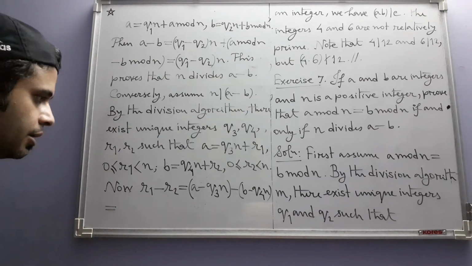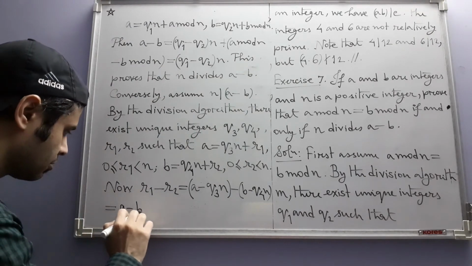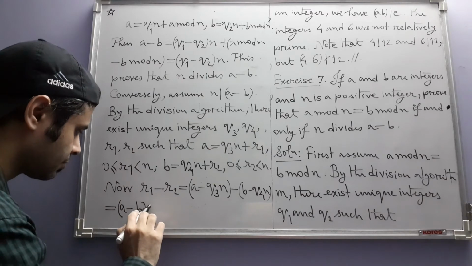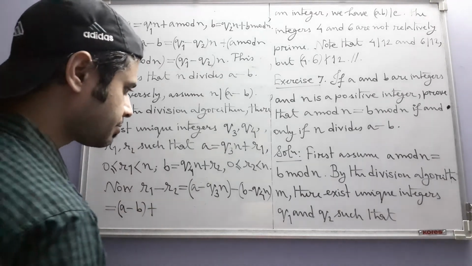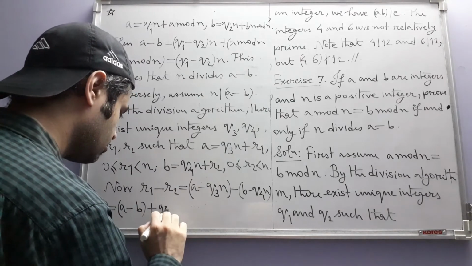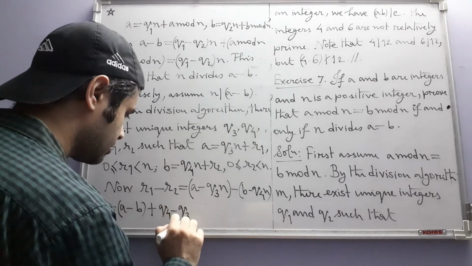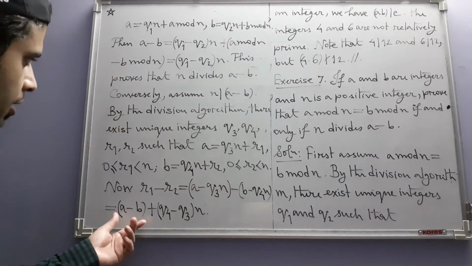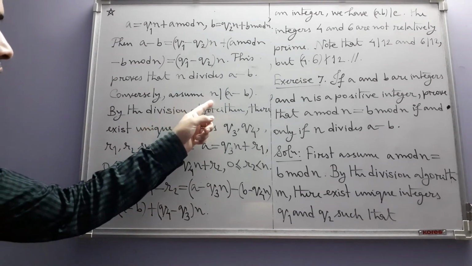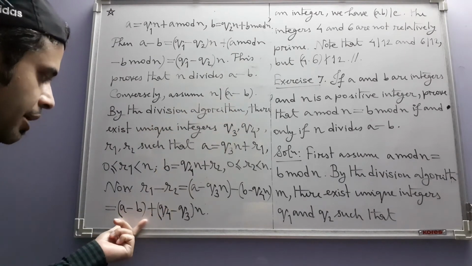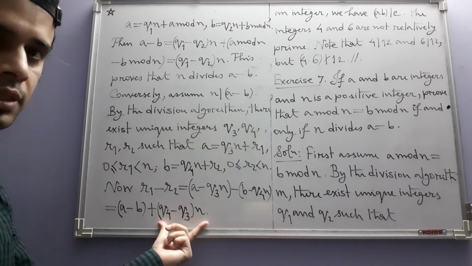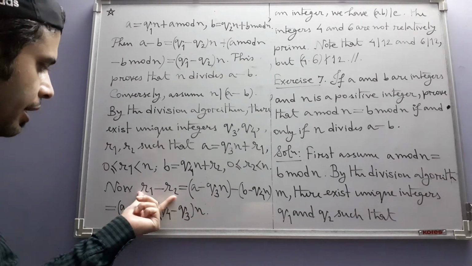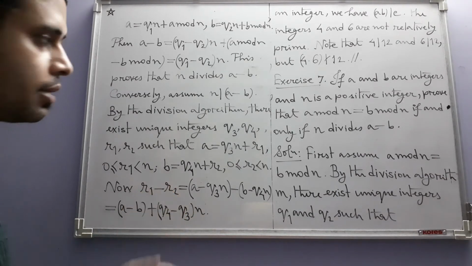So this will be equal to A minus B plus (q4 minus q3) times n. Now from our assumption n divides A minus B and n already divides the second term, so n has to divide r1 minus r2.